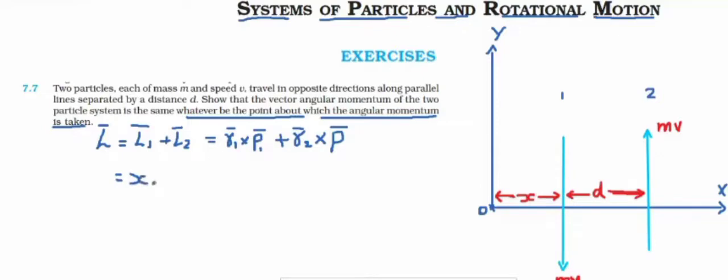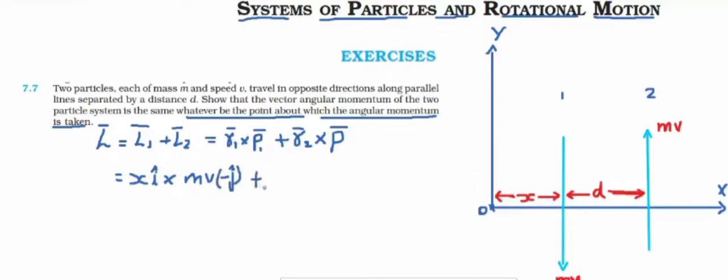The value of R1 is x, along the x-axis, so we write i cap cross its momentum. According to our diagram, momentum is along the negative y-axis, so it is mv along minus j cap.